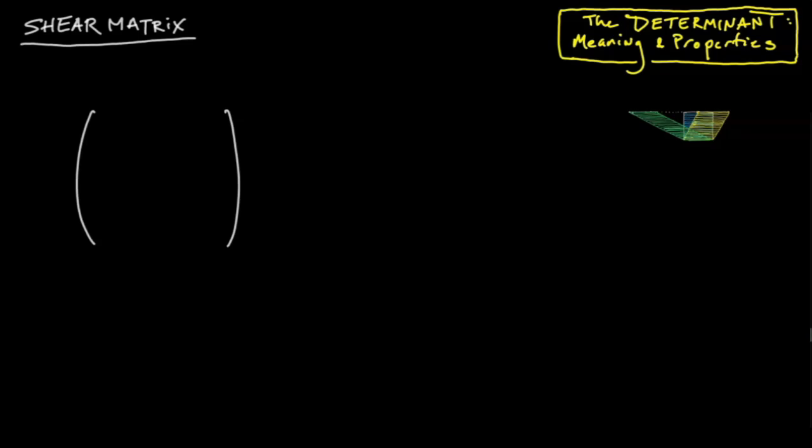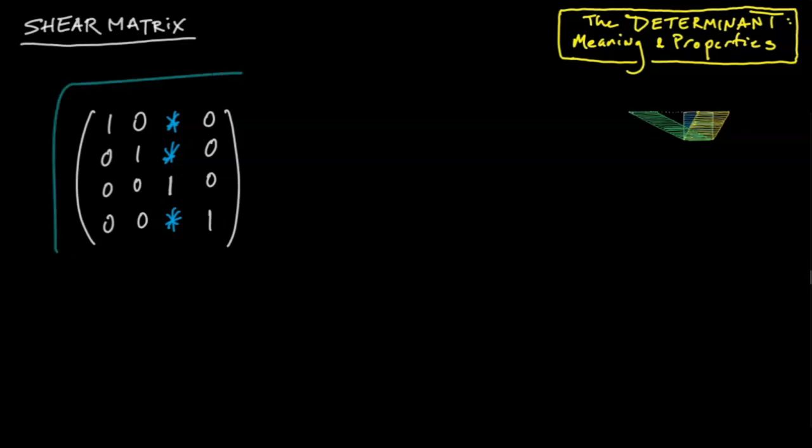Well, that means that the standard basis vectors pointing in the X, Y, and W directions will be fixed. As to the fourth, the only thing that's required by the shear is that the third component be 1. The other 3 components can be whatever they want because we're free to move the tip of that third standard basis vector anywhere, so long as it remains in the hyperplane Z equals 1. So this would be a 4x4 shear matrix.